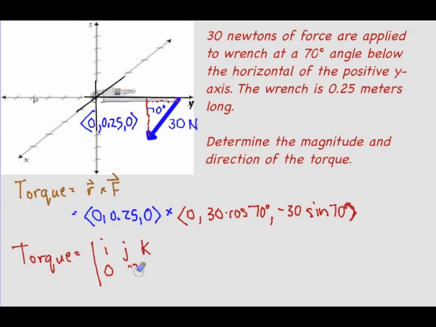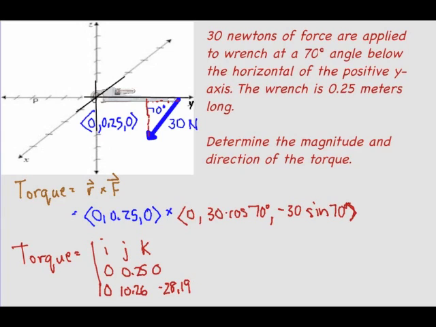Our r vector, no problem, and I'm probably going to have to erase this a little more so it's a little more coherent. When you calculate this, you're going to get about 10.26, and here you're going to get negative 28.19.